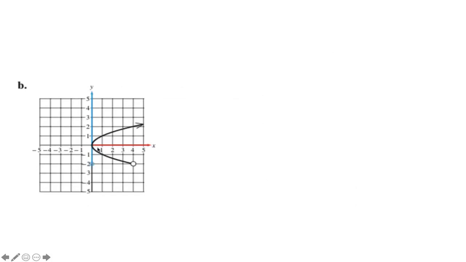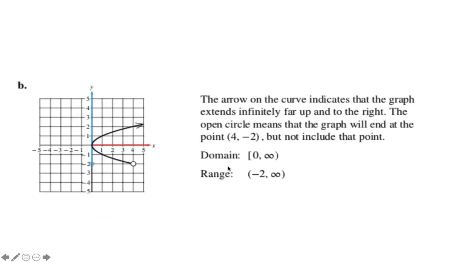And for part B, again, the domain is the set of all x coordinates. Because this goes on forever, the set of all x coordinates of these points is from 0 to infinity. Notice 0 has a square bracket, including 0, but we use an open bracket for infinity because infinity is not a number. The range is the y coordinates of all these points.